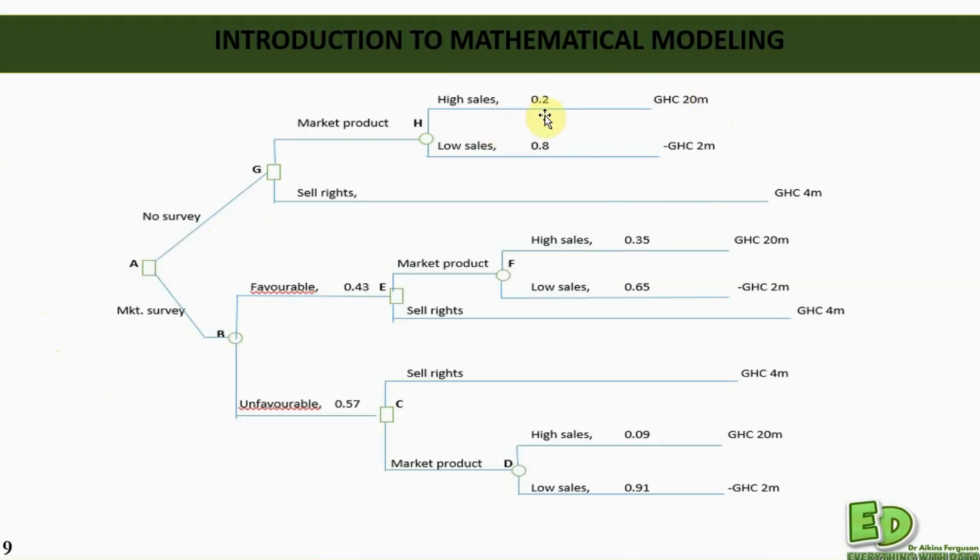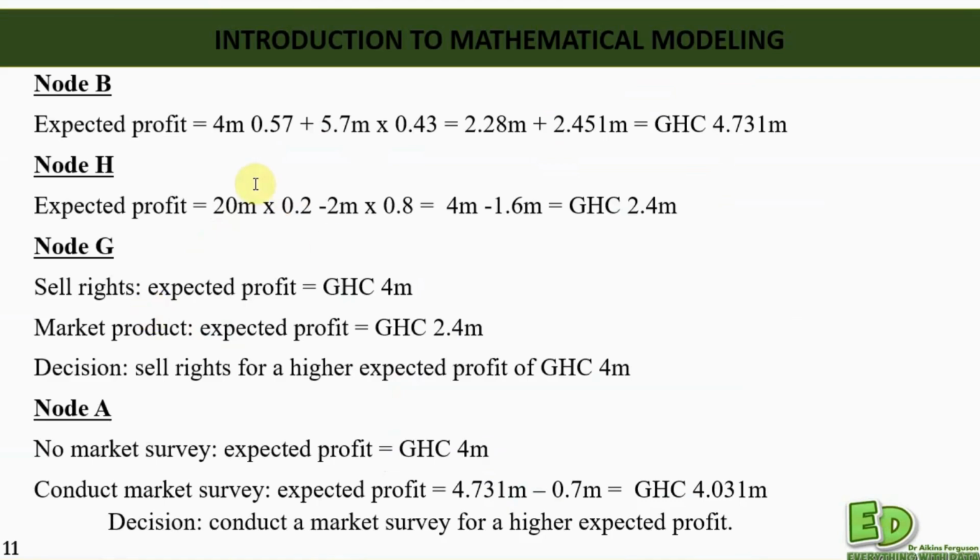What you do is multiply the probability by the money you have here, this by this plus this by this, and whatever you get, write it on node H. So I would say node H is 20 million by 0.2 probability, minus 2 million by its probability, and that will give you 2.4 million.